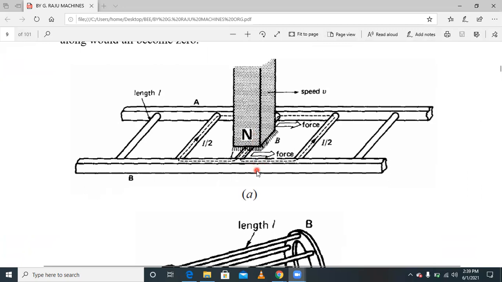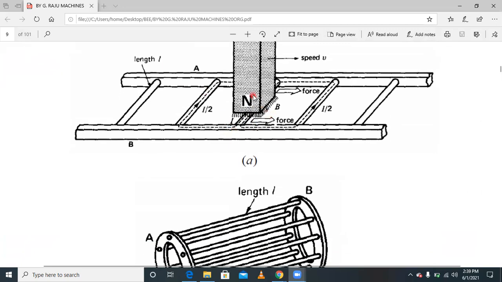Understood? The stator magnetic field is rotating at synchronous speed. What happens at starting condition? At starting, the rotor is not rotating. The rotor speed is 0, am I right? At the initial condition, before the supply is given, what is the rotor speed? 0.